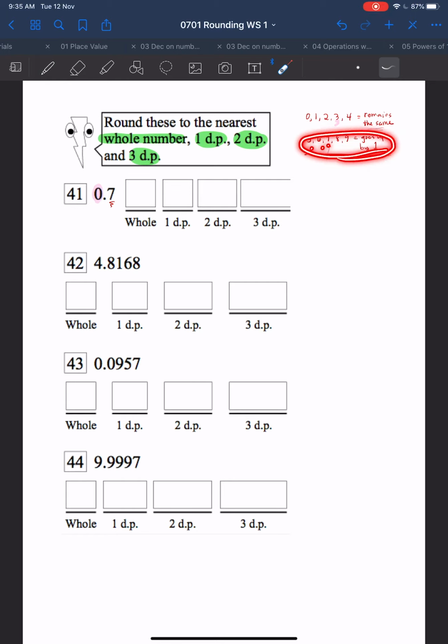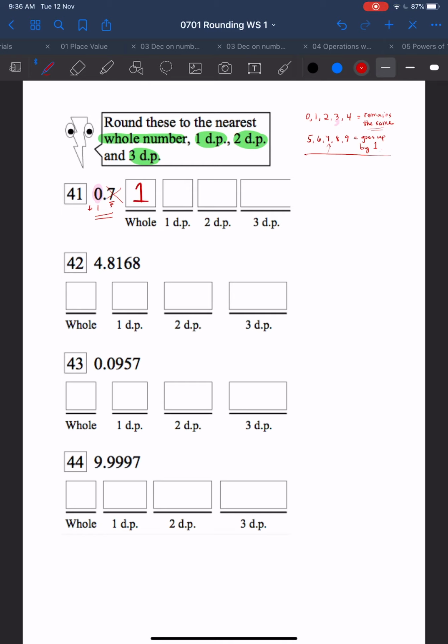It's between 5, 6, 7, 8, 9. So that means the digit in the whole numbers place goes up by 1. So this goes plus 1, and everything after it disappears. So the whole number for this 0.7 would be 1.